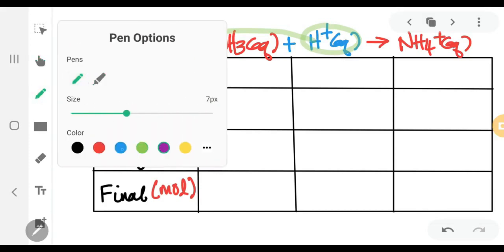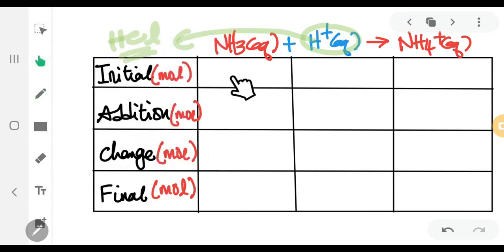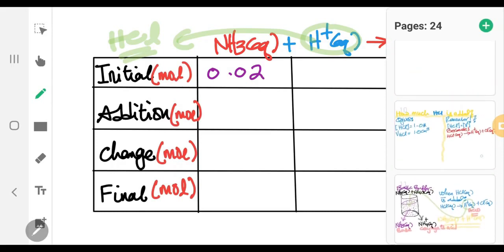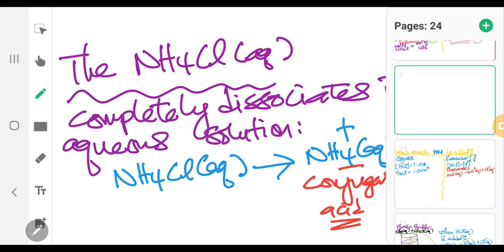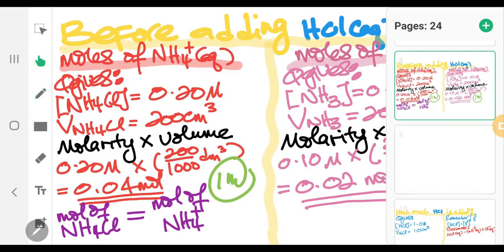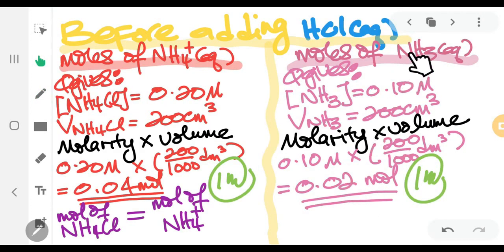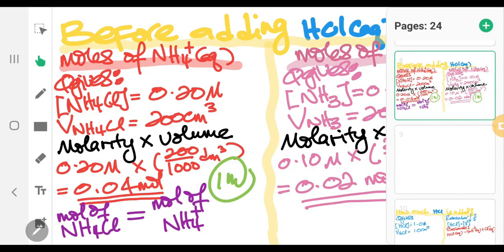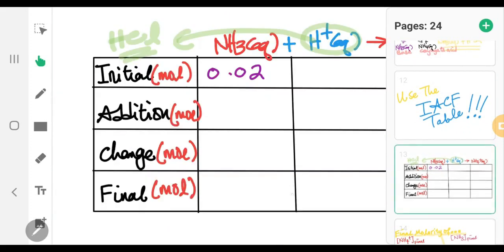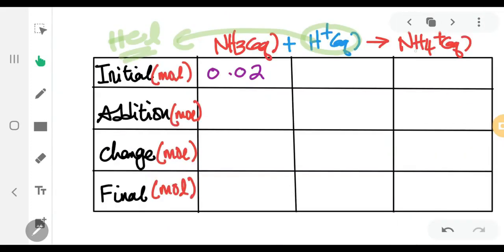Okay, now let's fill in the blanks in here. So initial mole of NH3 aqueous, we have that 0.02, if you go back to your calculation. So you have 0.02 for NH3, 0.04 for NH4 plus. So you're going to put that into your IACF.